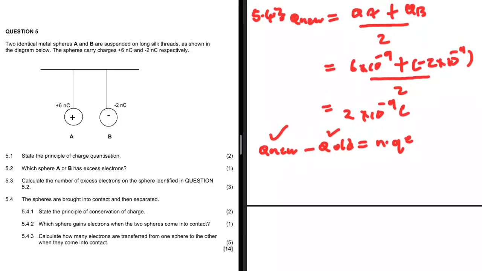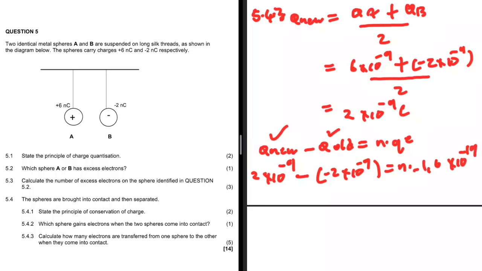If we do that, we're going to have 2 times 10 to the minus 9. That is Q new. Minus Q old, which is minus 2 times 10 to the minus 9. This equals N multiplied by the charge of an electron, which is minus 1.6 times 10 to the minus 19.